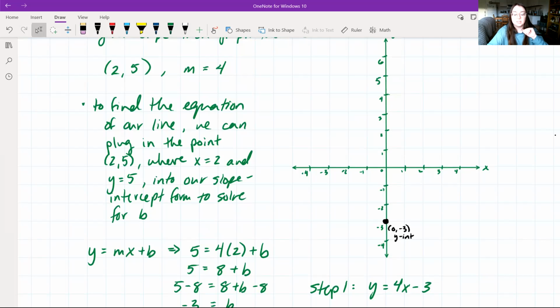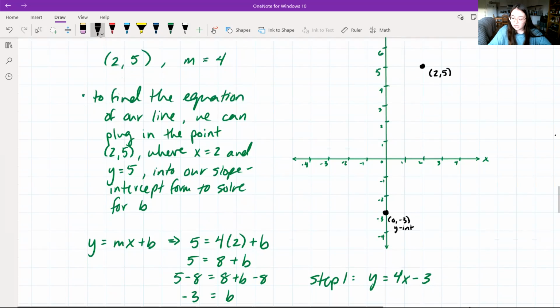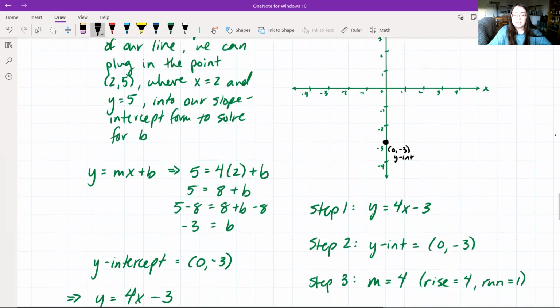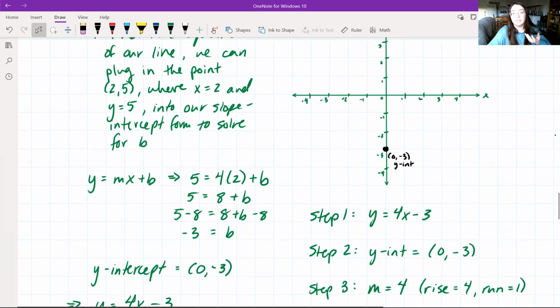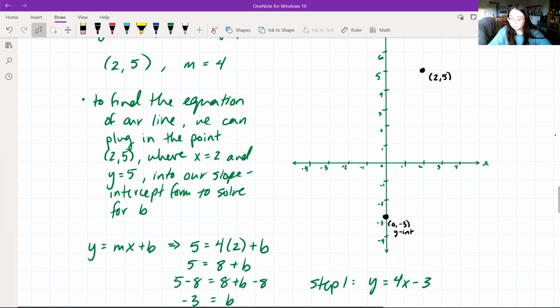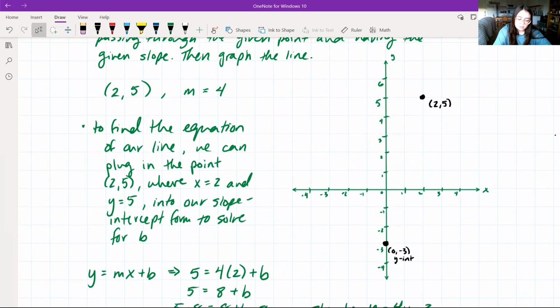The other thing to pay attention to is that we were given a point. So let's go ahead and plot that given point. Our given point was at (2, 5). So when we plot this next point with our slope, we want to make sure that it's going to fall in line. So we want to rise 4.